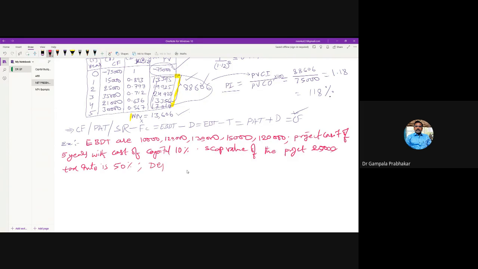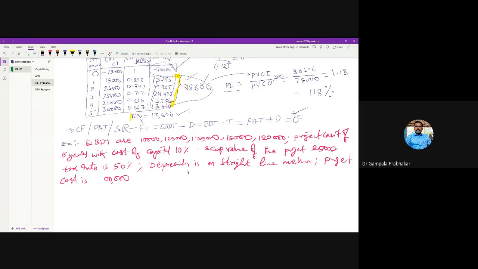Depreciation is on straight line method. Project cost is 2 lakh rupees. No. Let us take 5 lakh rupees.